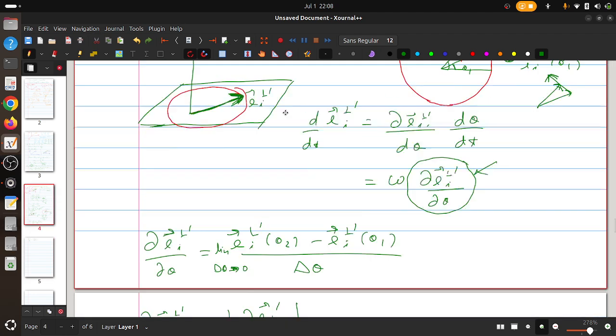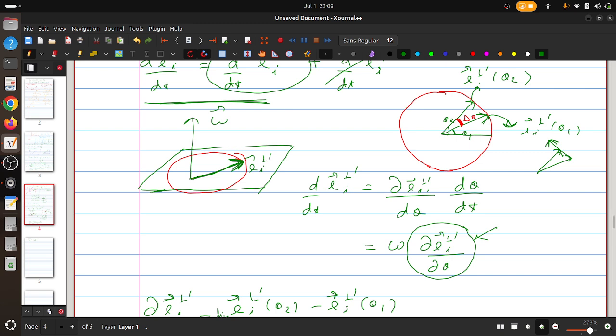We know the direction. Direction is tangential, tangent to the circle. So here, if you want to show the direction, it is here. This is the direction for the del EI perpendicular prime by del theta, right?